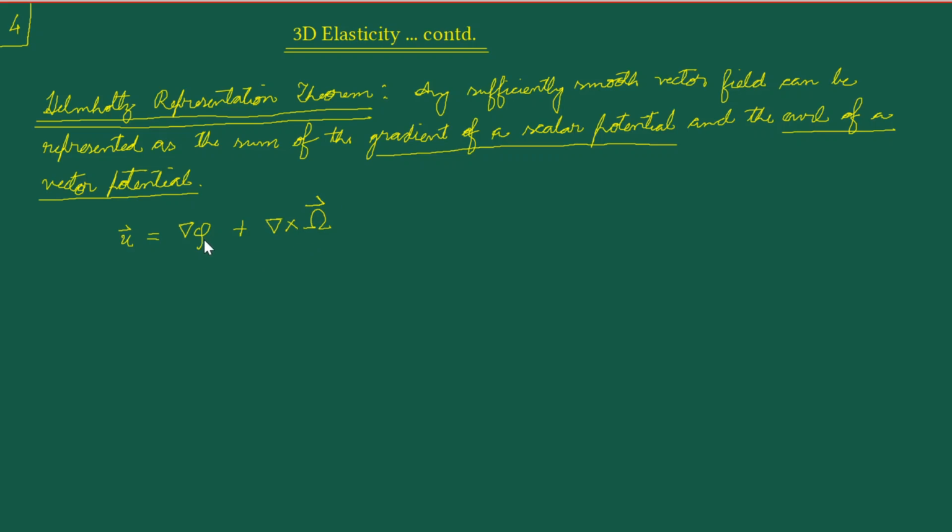Please note that this phi is a scalar potential, and this omega vector is a vector potential. So phi is the scalar potential, and omega is the vector potential.